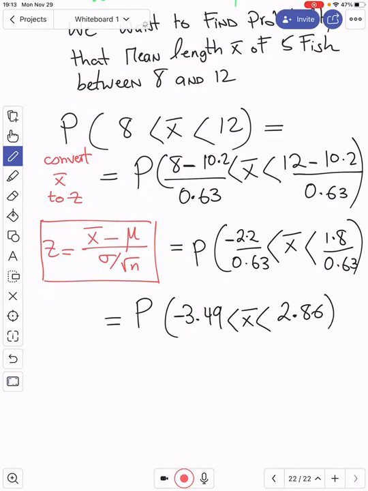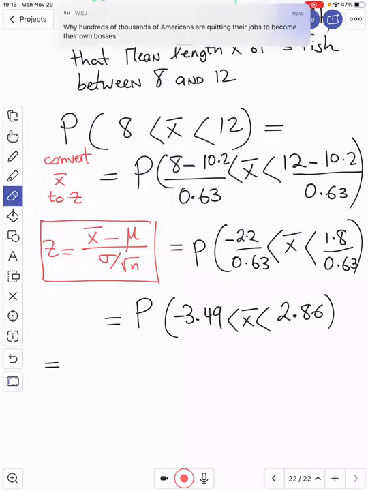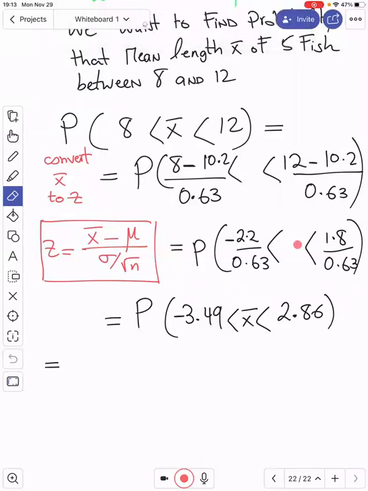Sorry, of course, this is Z here, should be Z. We converted X bar to Z, so this should be Z, sorry.